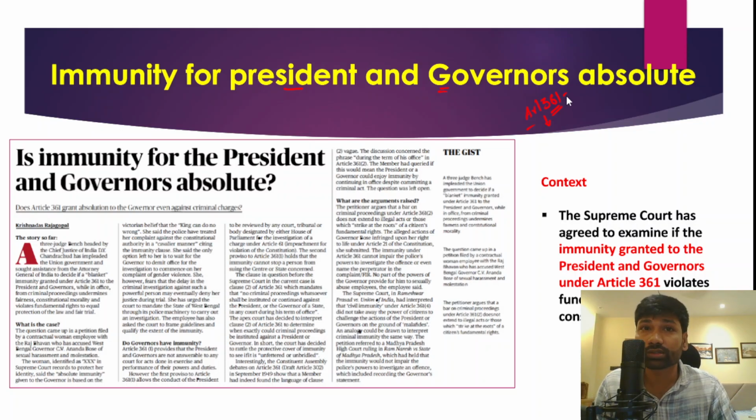Why? Because Article 361 provides immunity for the governor, so she cannot file a criminal complaint against the governor. That was the issue.